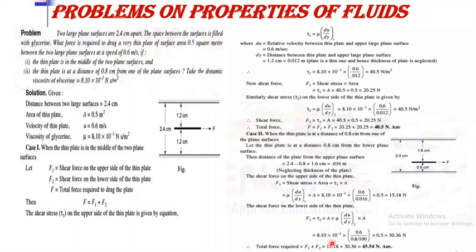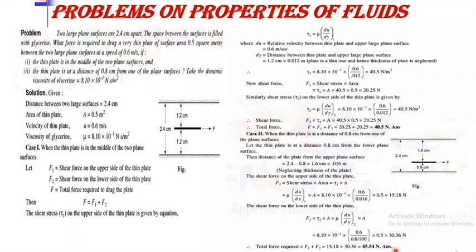So mu is known, then du again it is same 0.6 meter per second, and dy is nothing but the bottom distance, that is 0.8 centimeter. So convert that into meter, that is 0.8 into 10 raised to minus 2, and multiply it by the area of thin plate, which is 0.5 meter square. So we get the bottom force as 30.36 Newton, that is nothing but the F2.